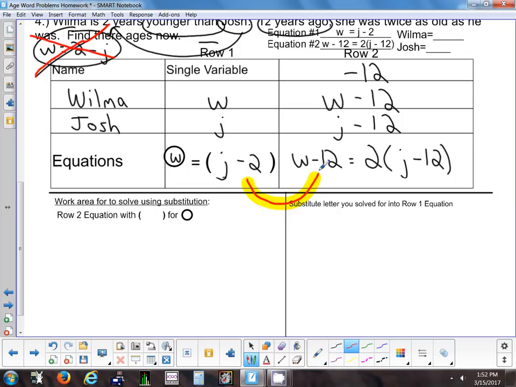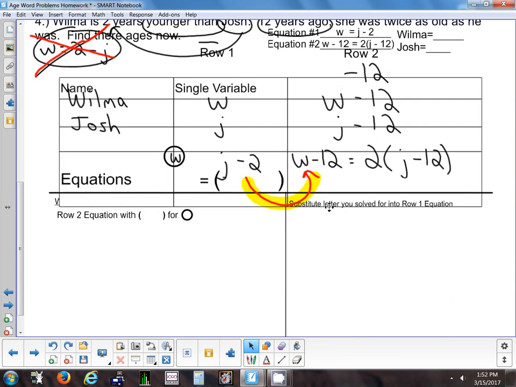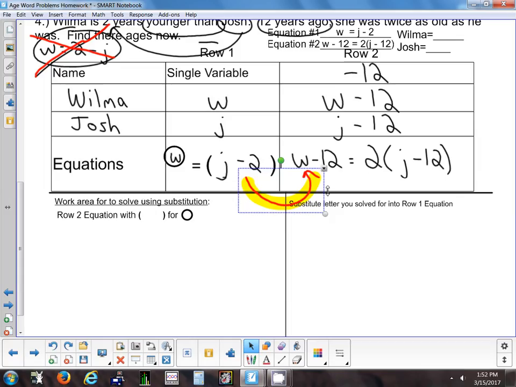All right, so W is going to become J minus 2. Hannah, what am I going to write here? J minus 2.